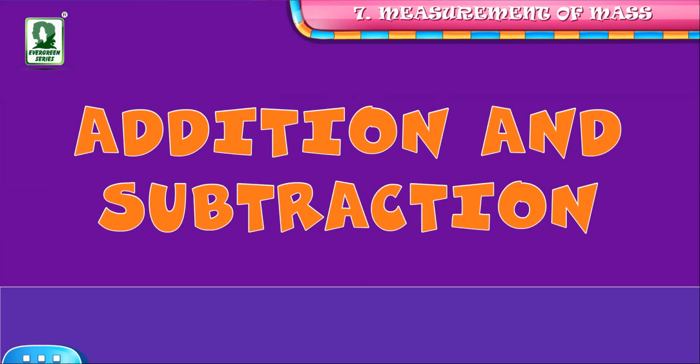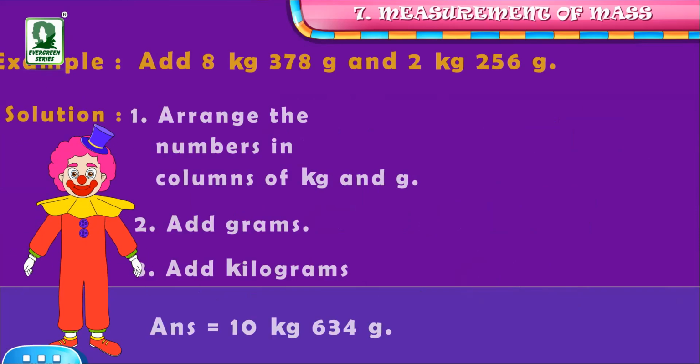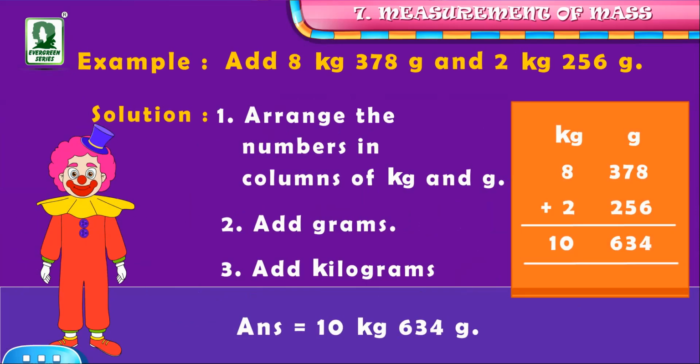Addition and subtraction of kg and g. Add 8 kg 378 g and 2 kg 256 g. Solution. Step 1. First, we will arrange the numbers in columns of kg and g.